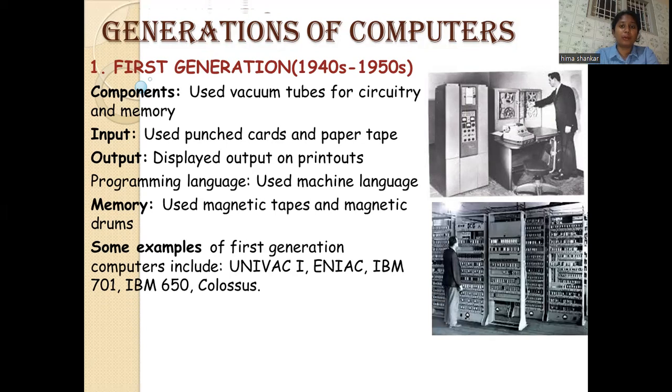Output was displayed on printers. Programming language used was machine language. Memory used magnetic tapes and magnetic drums. Some examples of first generation computers include UNIVAC I, ENIAC, IBM 701, and IBM 650.